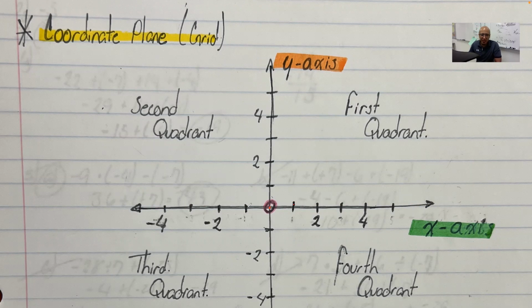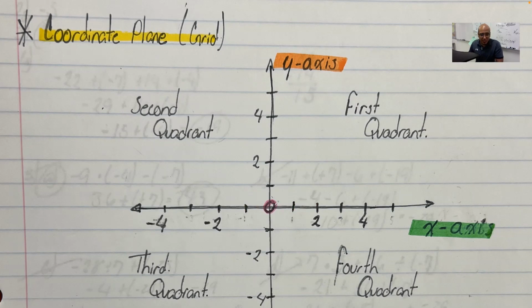If you go to the left, we have -1, -2, -3, -4, etc. Obviously in between each one, here would be 0.5, 1, 1.5, 2, 2.5, 3, etc. And then to the left we have -0.5, -1, -1.5, -2, -2.5, etc. So it's exactly the same as any number line you've ever seen.